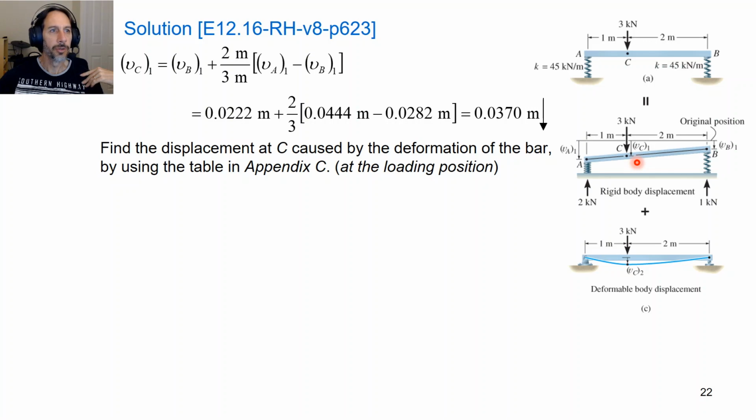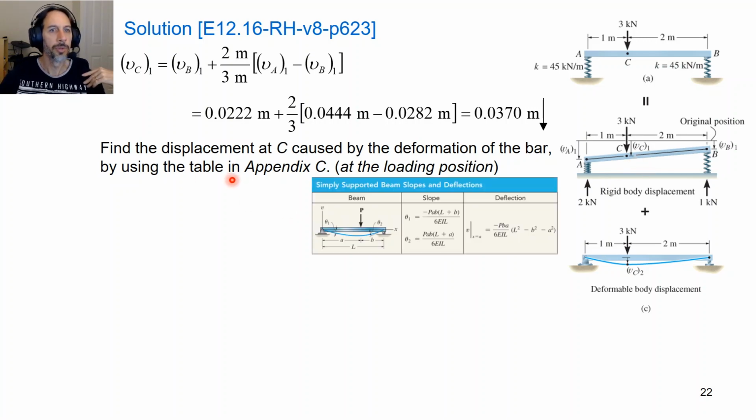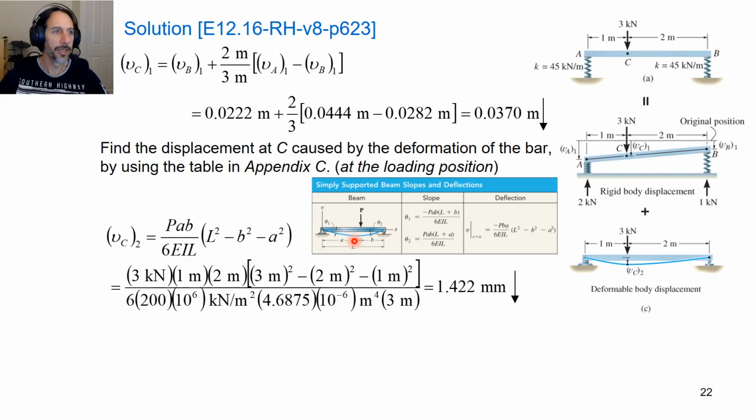So now we need to look at the table, and I did put it in for you. Here, look at our standard formulae for our cases. So we have a case that looks like this. We can just put in our values, A and B for where the load is, and we can calculate the deflection. That's all pretty straightforward.